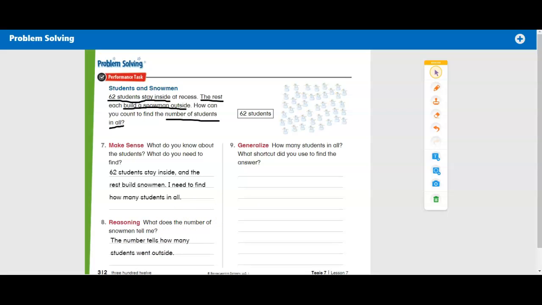And again, if you would like to word your answer a little bit differently, you absolutely can. What does the number of snowmen tell me? The number tells how many students went outside. Again, remember to pause the video so that you have time to write and work on your answers. We have one more to answer.